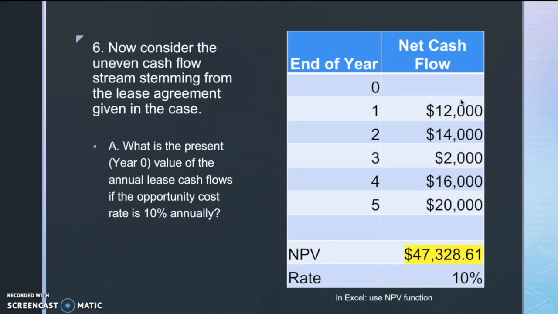So it needs to include years 1 through 5, and then you add on the extra of year 0. And if you plug those into NPV, you will end up getting $47,328.61.